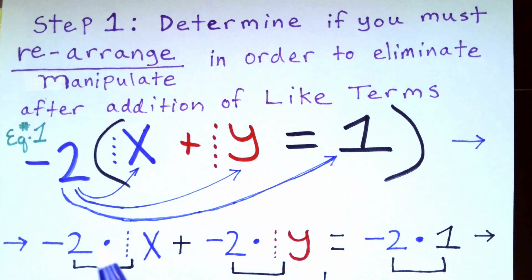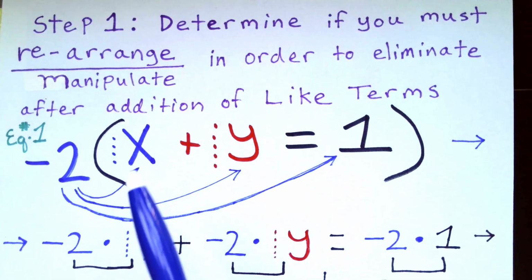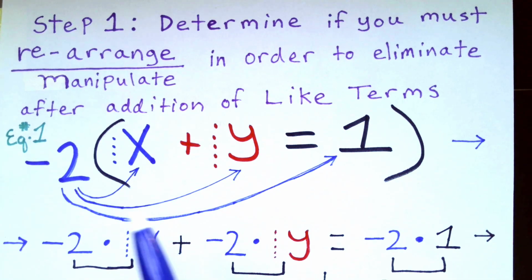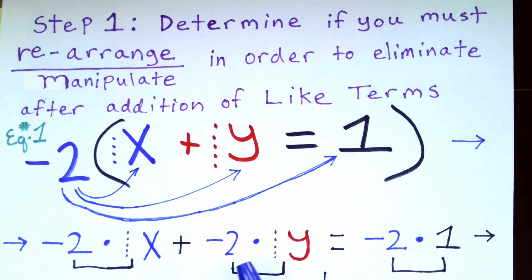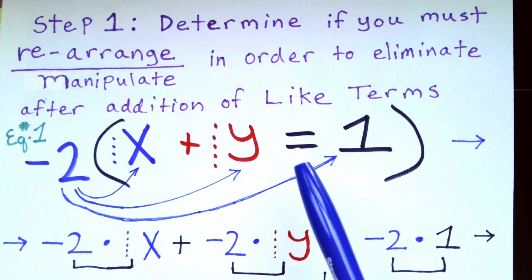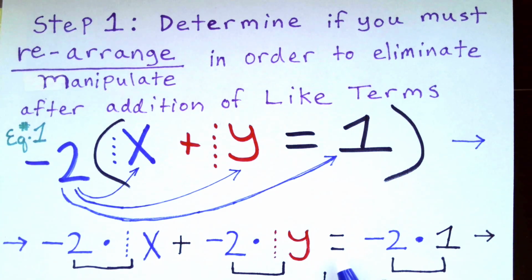And I'm showing you this down below. Negative 2 times 1x is right here. I'm going to separate each operation with a plus sign. Negative 2 times a positive invisible 1y. I'm going to rewrite my equal sign. And then a negative 2 times a positive 1 I'm showing you here.